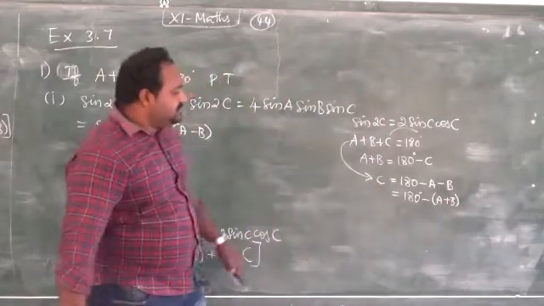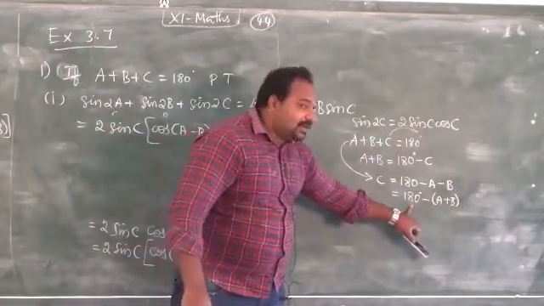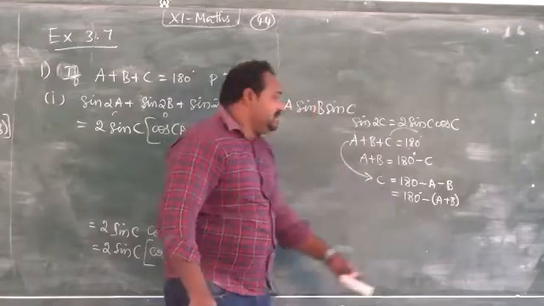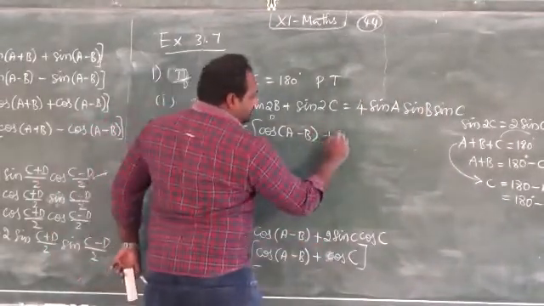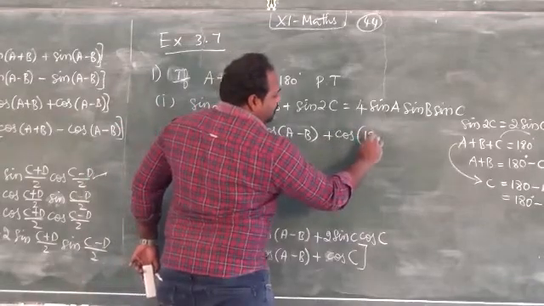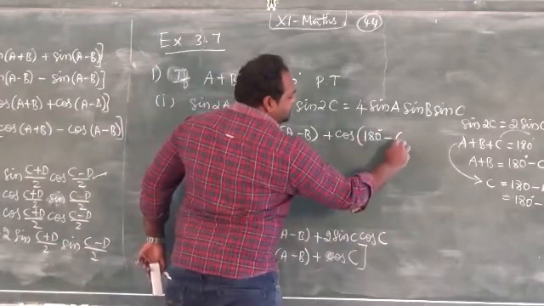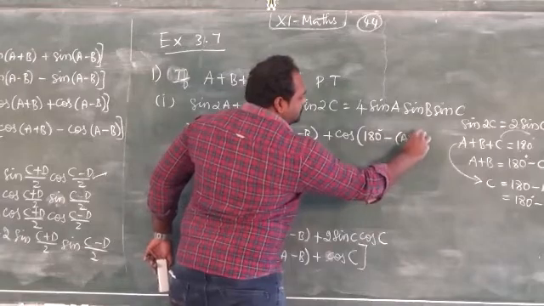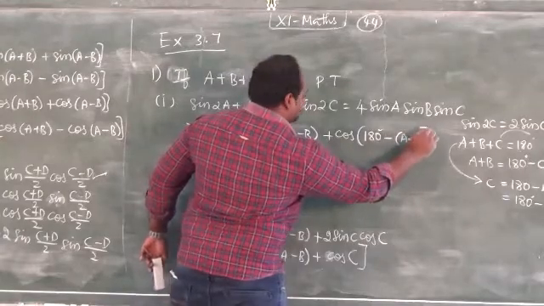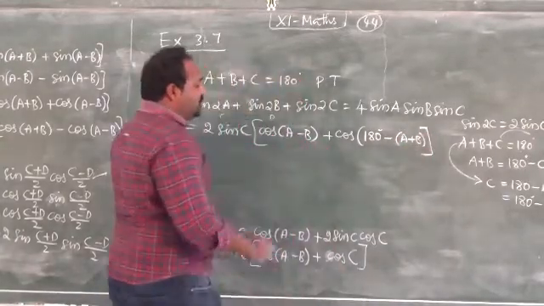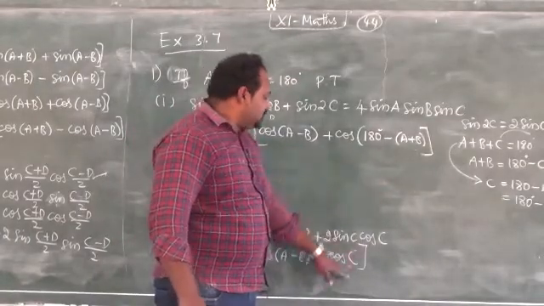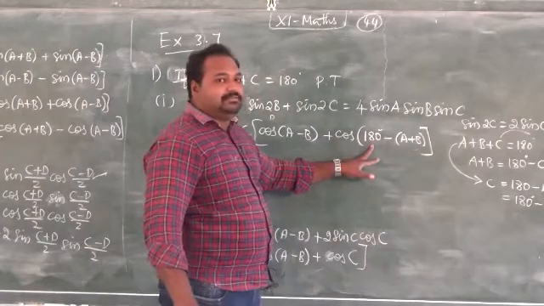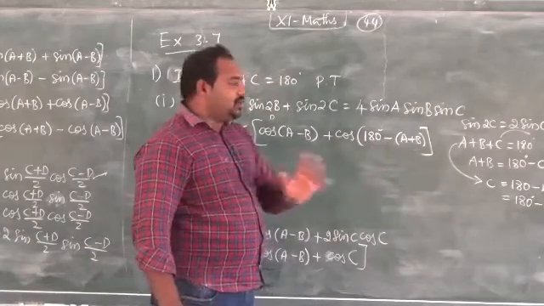So instead of C, we take 180 minus (A plus B). These changes are very important in this problem. Otherwise, if you cannot change cos C into cos of 180 minus (A plus B), you cannot solve the problem.